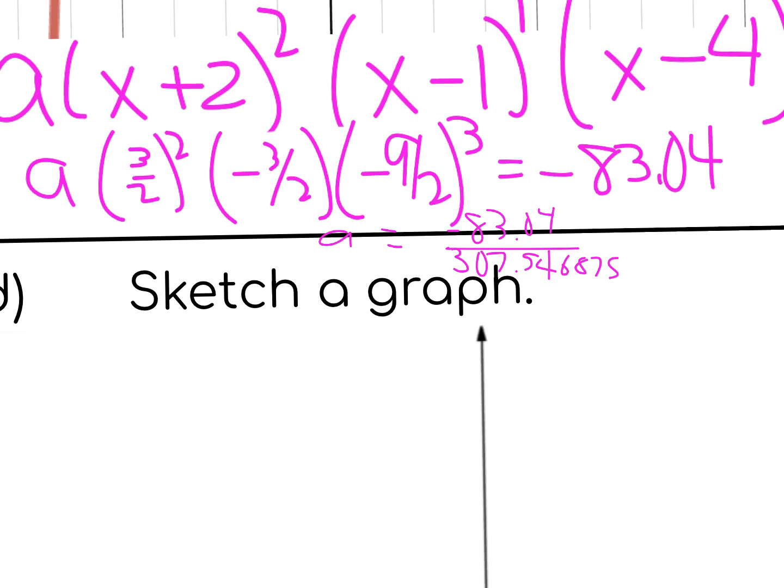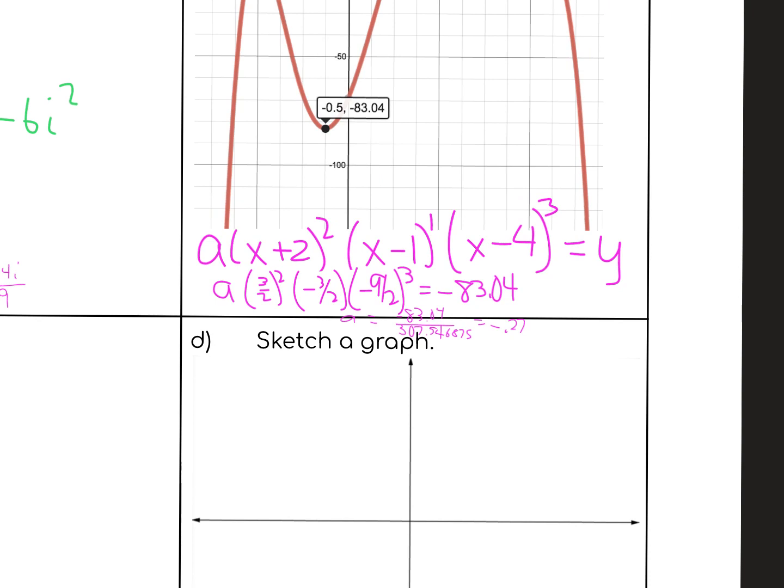So let's do that calculation. Negative 83.04 divided by 307.546875. I got negative 0.27. So a is negative 0.27. So that means my equation is just what I had before, but put negative 0.27 here. Oops, negative 0.27. There we go.